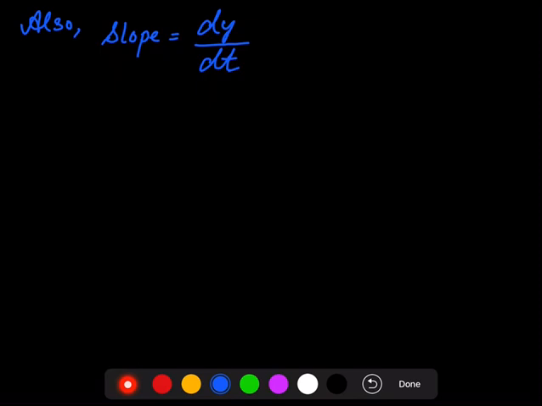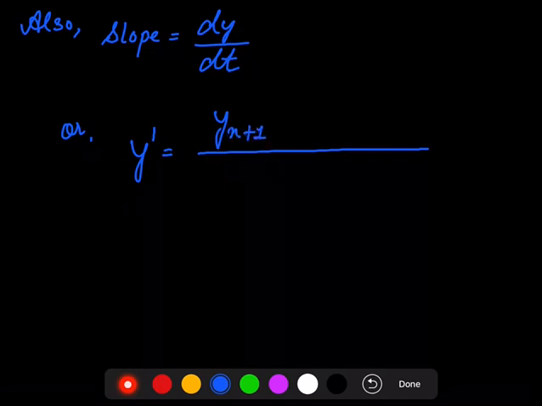Dy by dt is computed by, just a moment, or y dash equals to, let me write clearly, y dash equals to y n plus 1 minus y n minus 1 over 2 delta t.